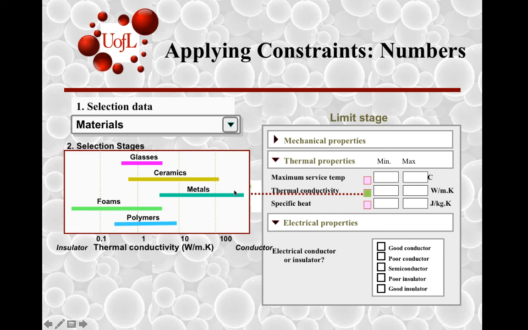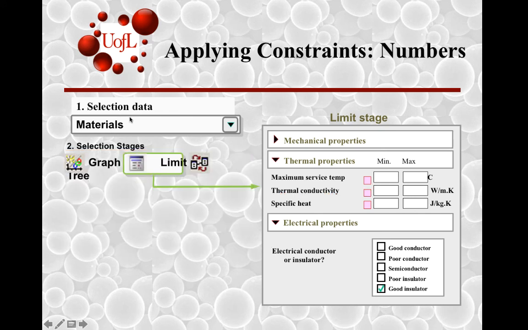Which are the most suitable for high thermal conductivity? It turns out it's a combination of ceramics and metals that will fall within that category. So if you want to maximize thermal conductivity, the others will go away.